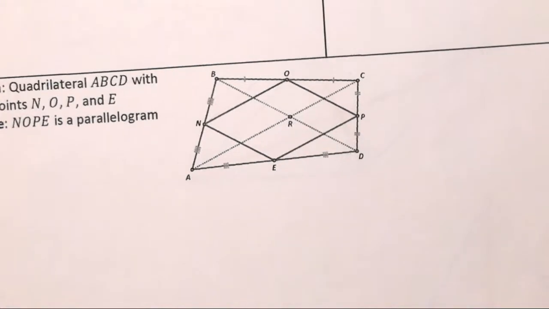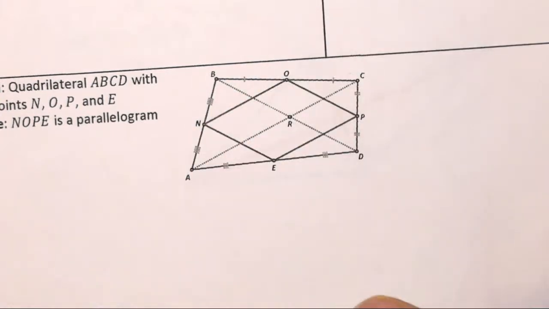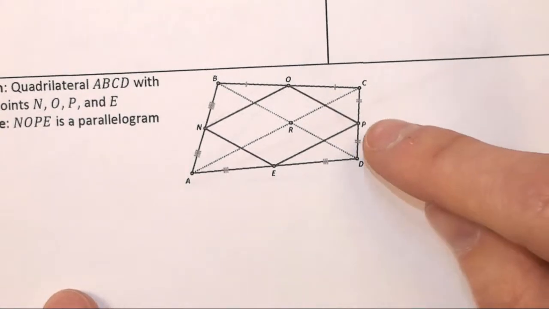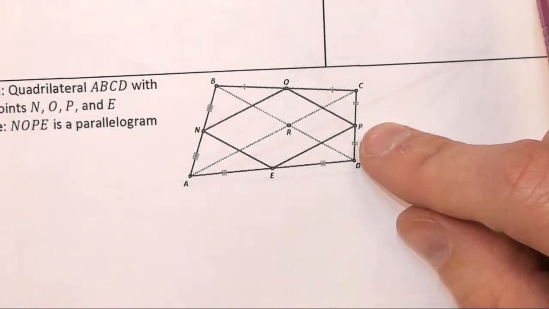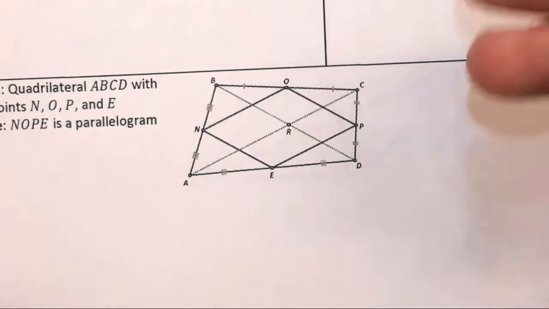Yes, Sammy? In a parallelogram, do the sides have to be equal? Right now, in order for me to prove that a quadrilateral is a parallelogram, I don't have to prove everything. I just need to pick one of the criteria.